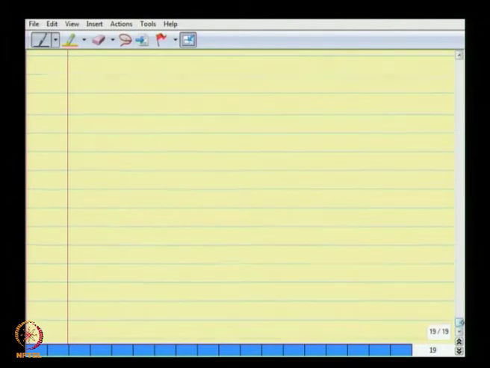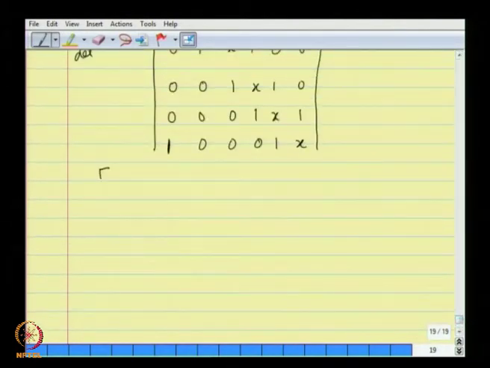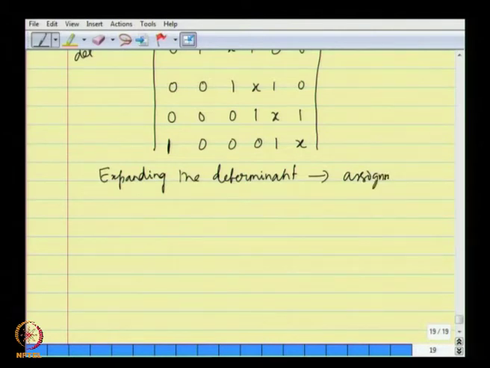What are the solutions? Expanding this determinant is your pastime, and obtaining the secular equation is an assignment, please do it. Let me write down the answers for benzene.